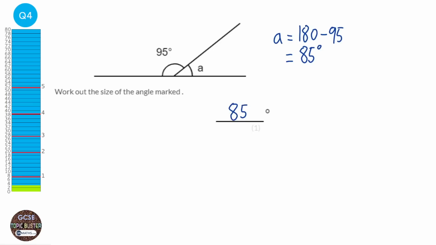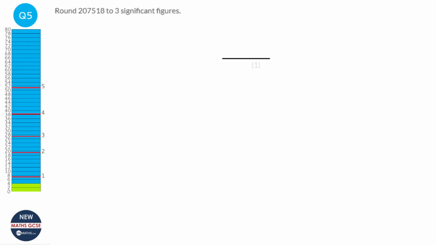So angle A is 85 degrees, and the reason is that angles on a straight line add to 180 degrees. And try and get used to writing down the reason as well, because there are quite a lot of marks for the reasons. I'm going to start just by writing down the number.